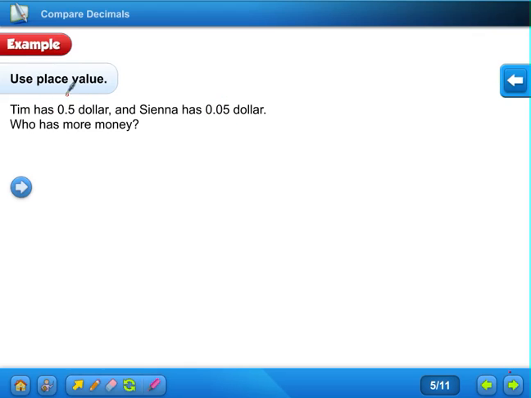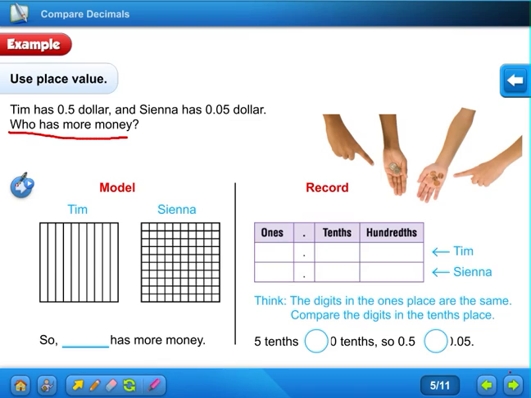This one you say 5/10. This one you say 5/100. Who has more money? Always like to know who has more money. All right. So Tim has 5/10. This is broken into tenths, so we need to color in 5 of them. 1, 2, 3, 4, 5.